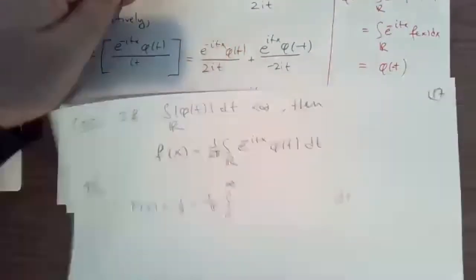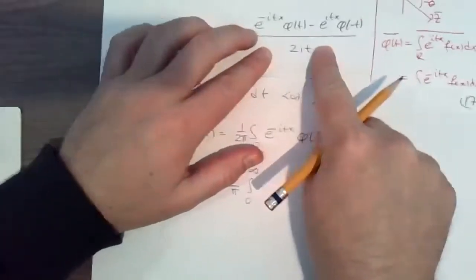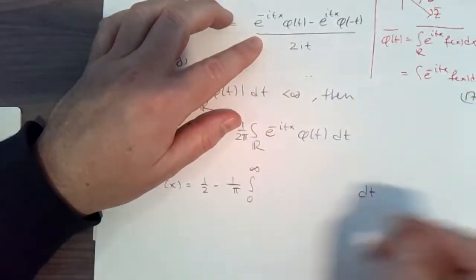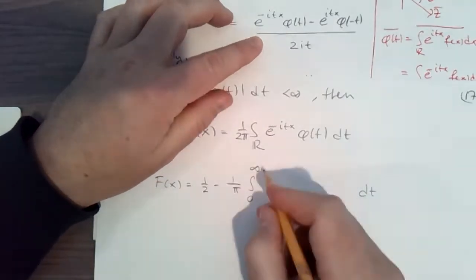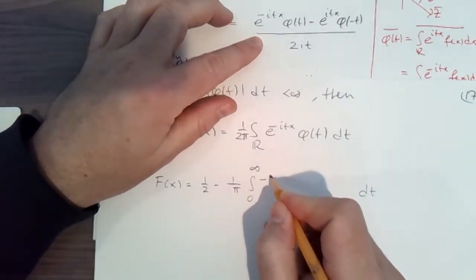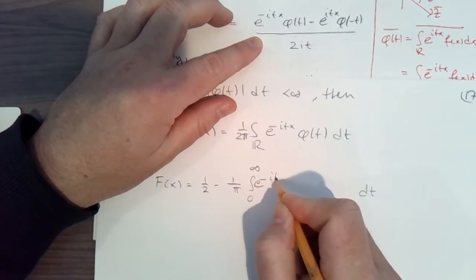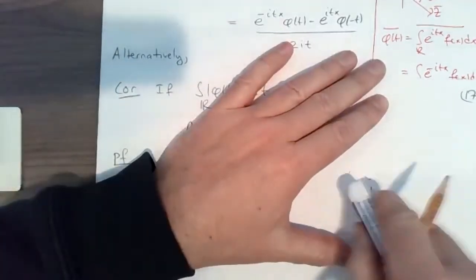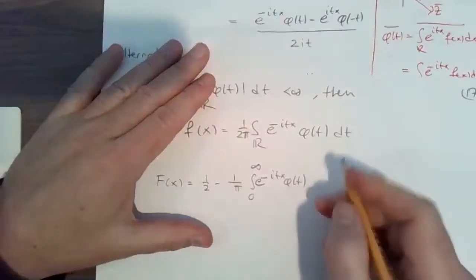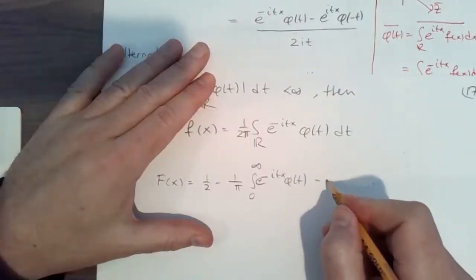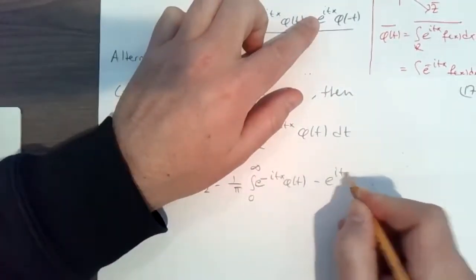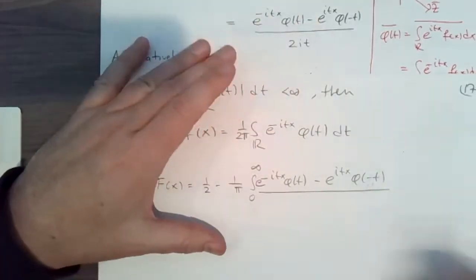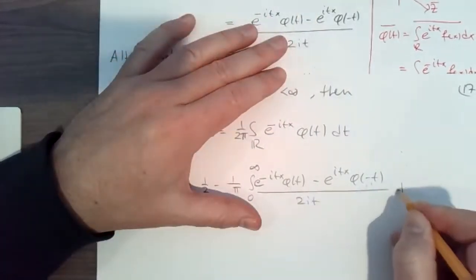Let's plug in, say, this form we have here: e to the minus itx phi of t, minus e to the itx phi of minus t, everything divided by 2it dt.